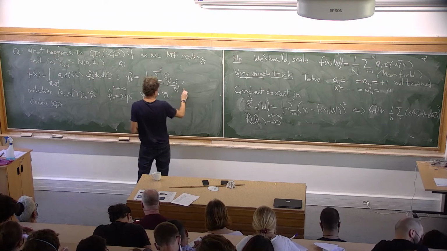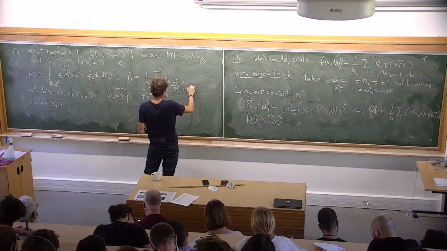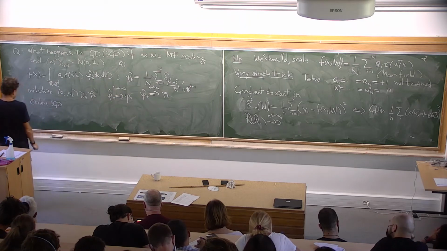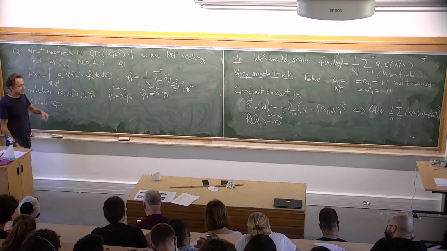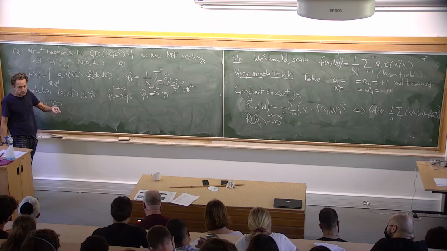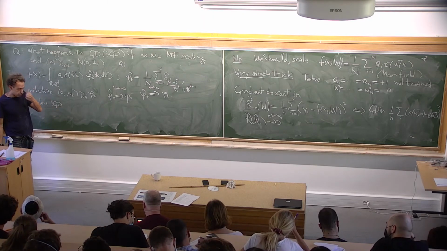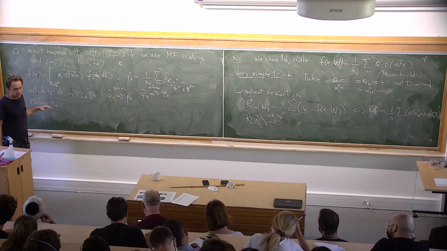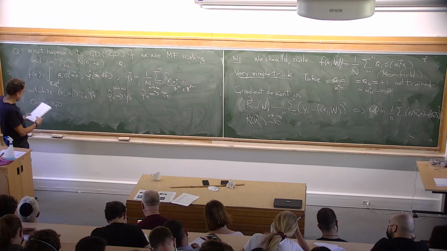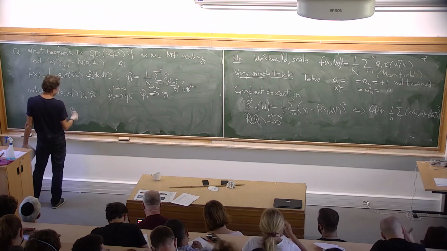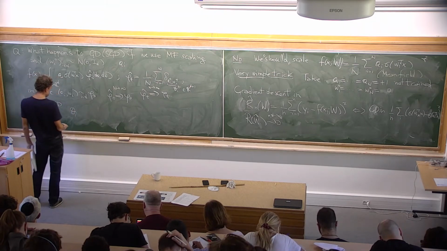So these are d plus 1 dimensional parameters. And what does online SGD mean? Each time I do gradient descent with respect to a single sample, and I never revisit the same sample for simplicity. One could also revisit, but it doesn't really matter. Okay? So the time here is the number of samples, right?